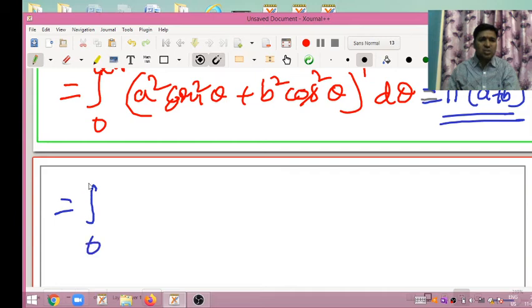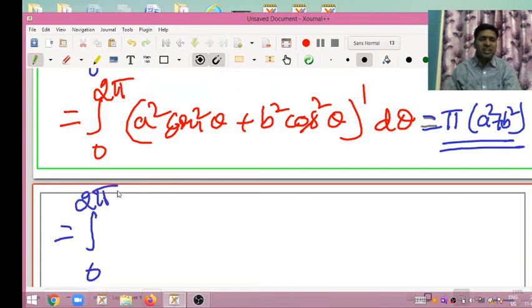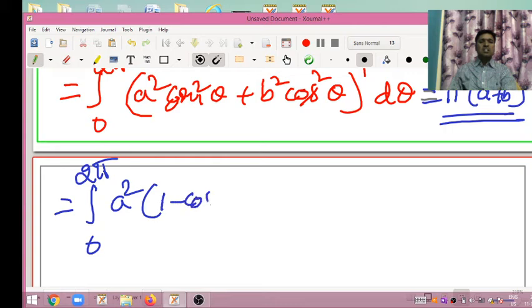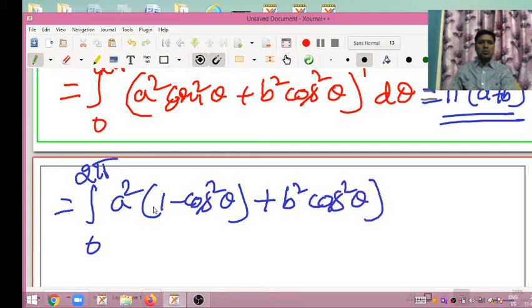Here integral 0 to 2π, right, as it is. Here we want to convert either sin²θ or cos²θ, any one, not a problem, my dear friends. See here a², right, as it is. Sin²θ in terms of cos: 1 minus cos²θ, plus this b² cos²θ, right, as it is, into dθ.